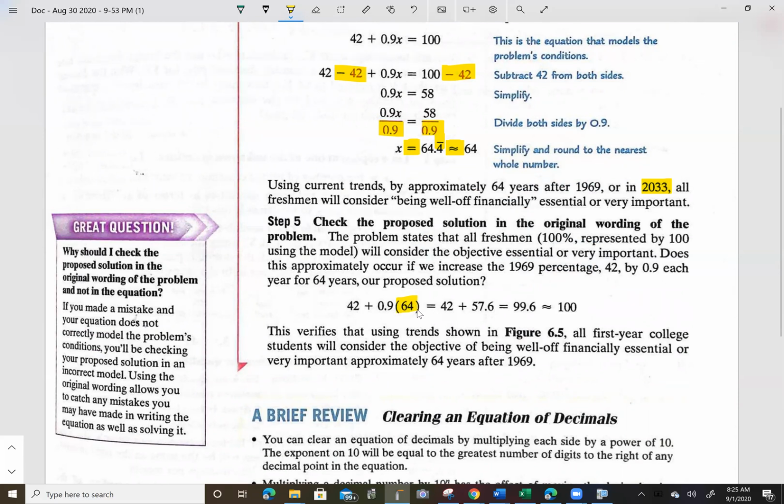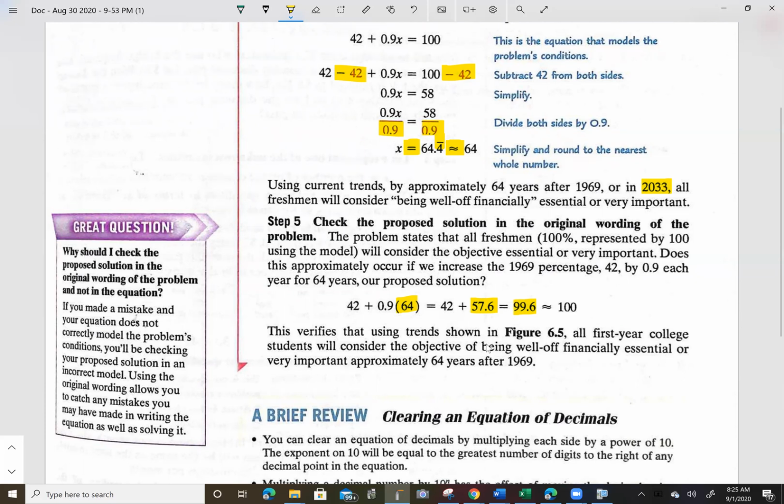Using the order of operations, they multiply it by 0.9 and then add it to 42. Okay, so again, just like I was saying, they come up with 99.6, which in the real world is not 100, right? Percent, and I'm not even sure it would get that close. It doesn't really take into account, you guys can always be skeptical of numbers in real world situations, and that is fine, and that is actually really good for everything.